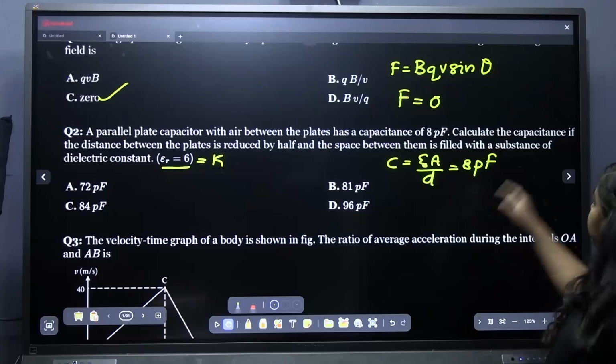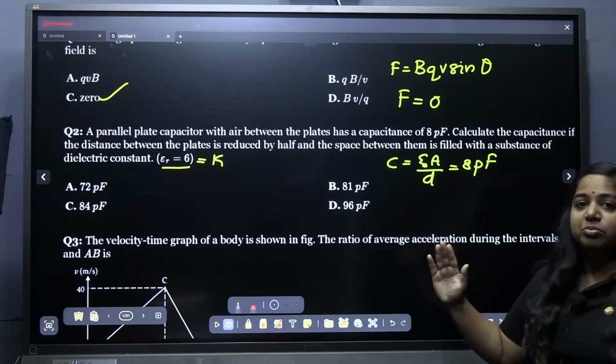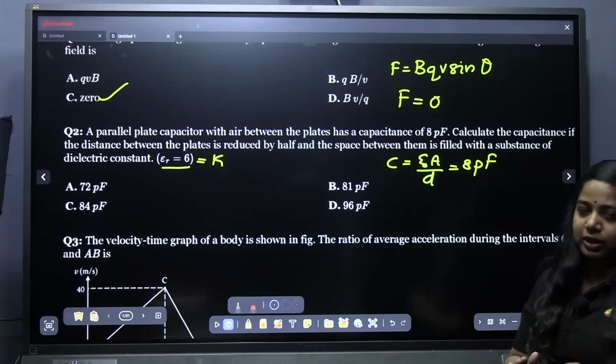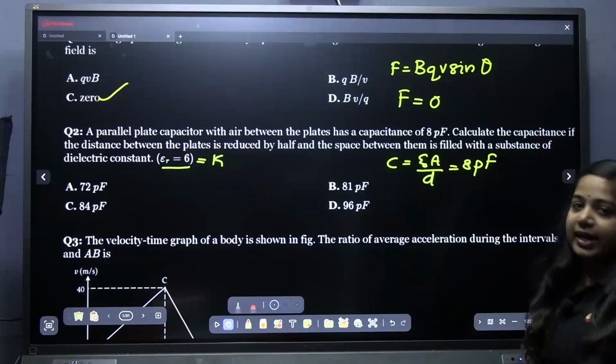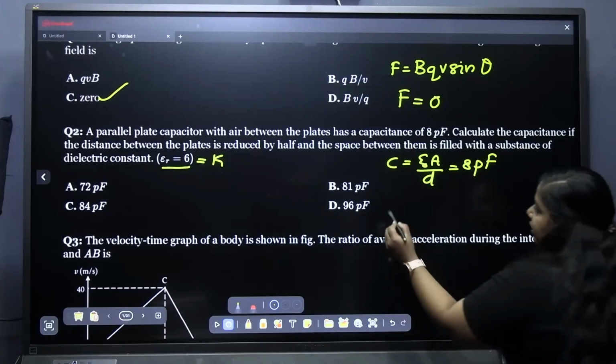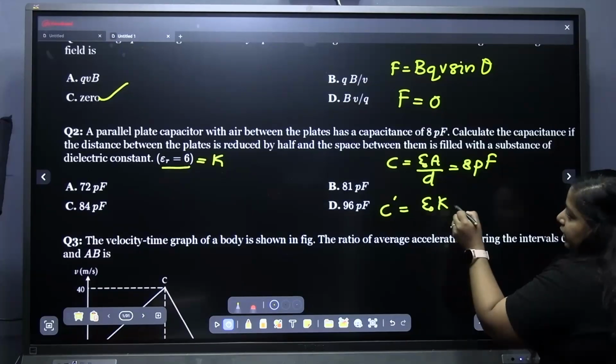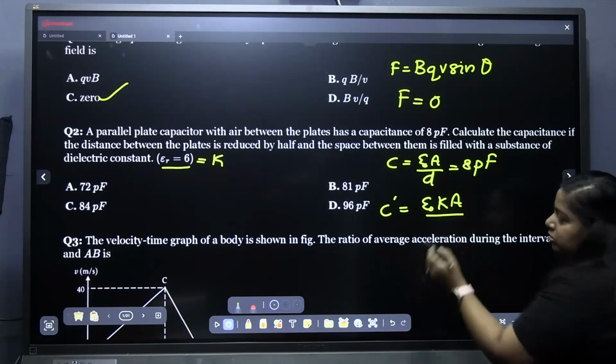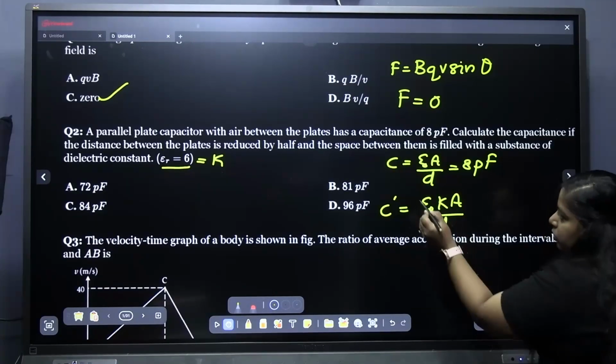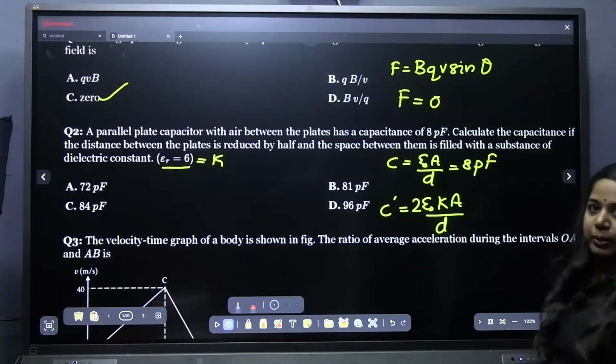Now what they have done, the distance between them is reduced, d by 2 it is made, and dielectric is introduced. If dielectric is kept, it will become K times epsilon naught A by, now distance also reduced, so d by 2, so it will come on the numerator.